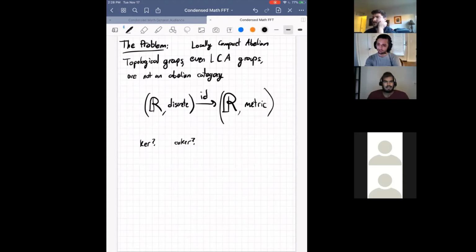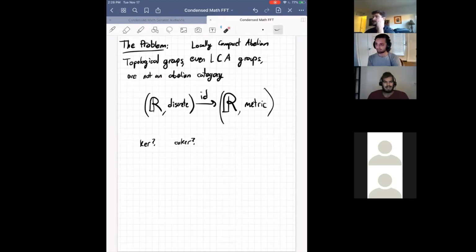If I could comment, I think more the awkwardness, Fatsa, is that if you try to define kernel and co-kernel in the only reasonable way here, you would want them both to be 0. But so you have a map here where kernel is 0, co-kernel is 0, but it's not an isomorphism, and that's the awkwardness.